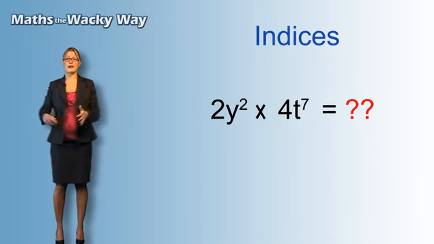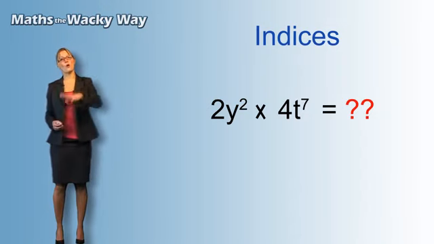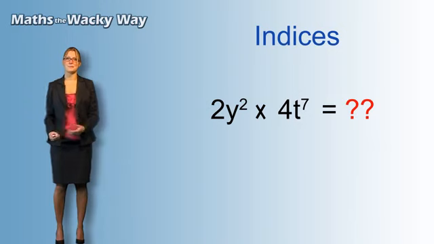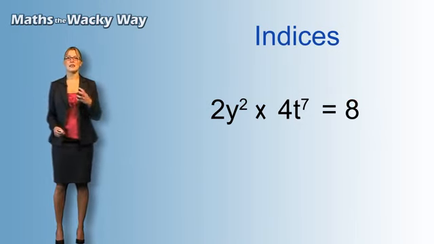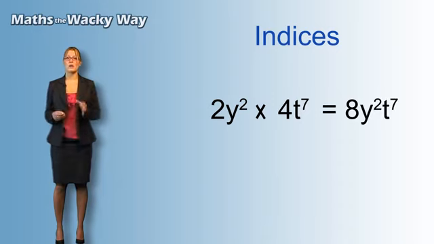Now, when we multiply, we can just put them together. You don't have to keep writing out that multiplication sign. However, the 2 and the 4, they can come together. So we'd get 8, but the y squared and the t to the power of 7 would stay as they are. We're not going to make t to the power of 9 or y to the power of 9. They will stay as they are separate.